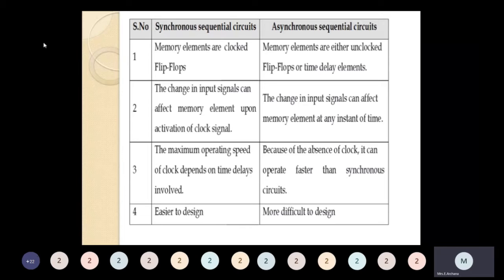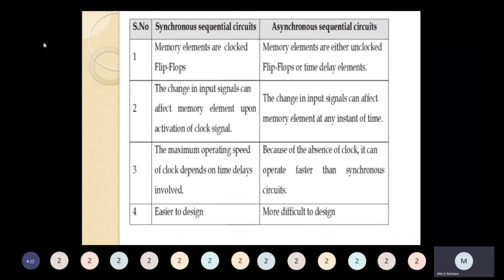So the maximum operating speed of the clock depends on the time delays. Here, because of the absence of clocks, it will operate faster when compared to the synchronous sequential circuit.